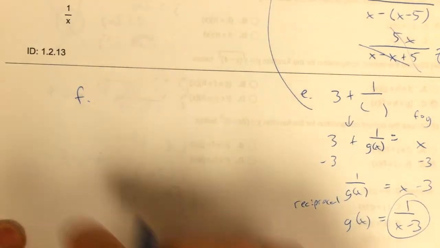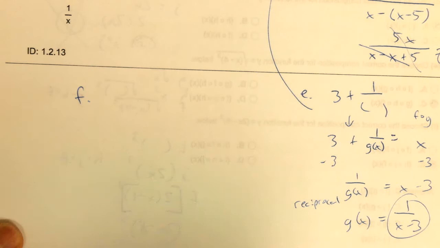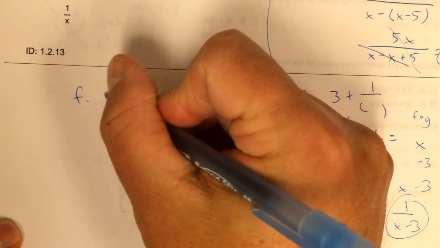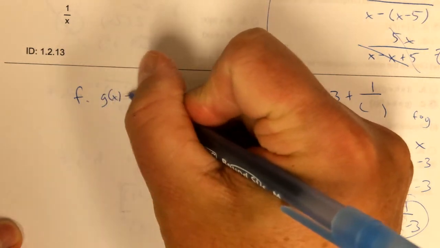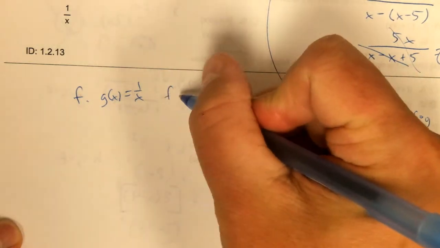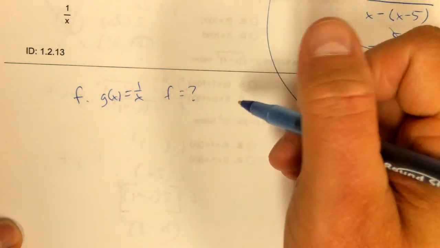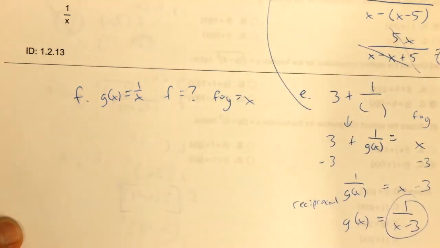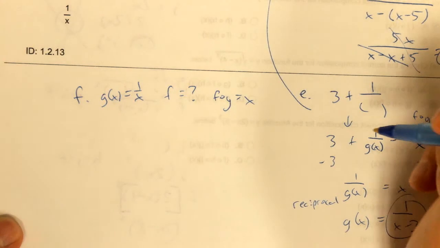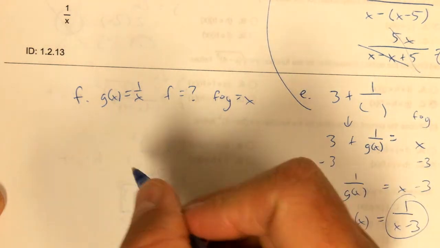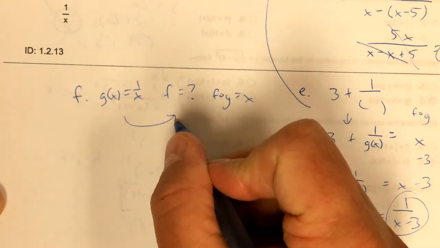Okay, in the same way, we need to do that with f. So f over here, now this one does it a little bit different. This time we have g of x, I'll just rewrite the problem, is 1 over x. F we don't know, and then f circle g ends up being x. So we're basically going this direction this time.